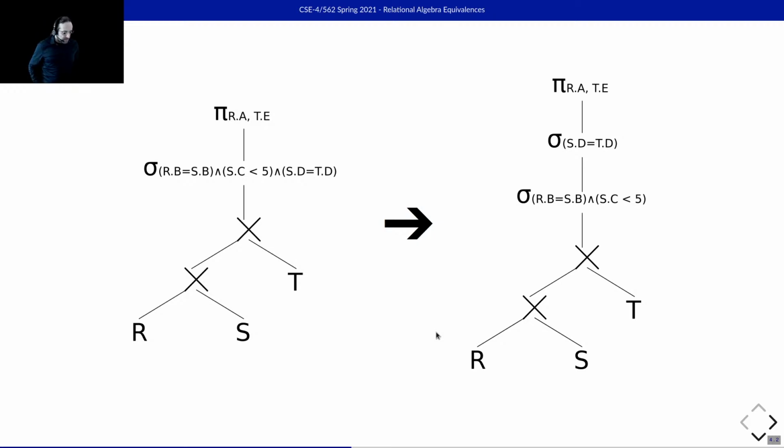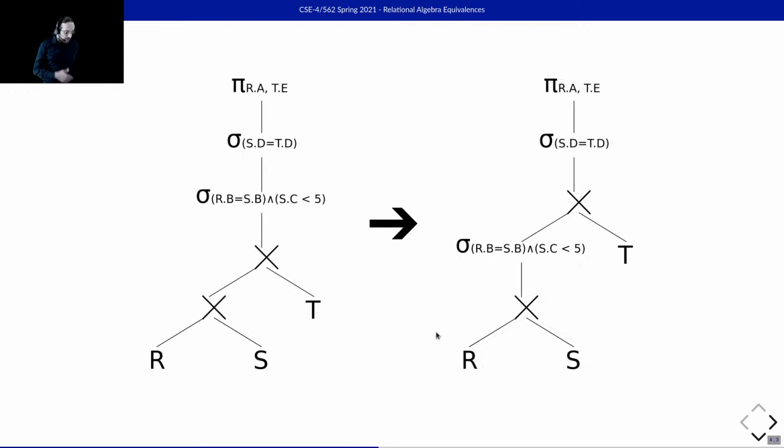the clause s.d equals t.d spans the two sides of the cross product, whereas all of the other clauses, r equals b, s.c is less than 5, only come from the left-hand side. So we're going to decompose the selection, and now that we've decomposed it, the lower one can get safely pushed down into the left-hand side of the join.